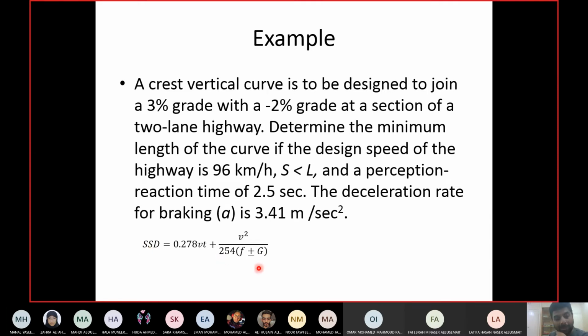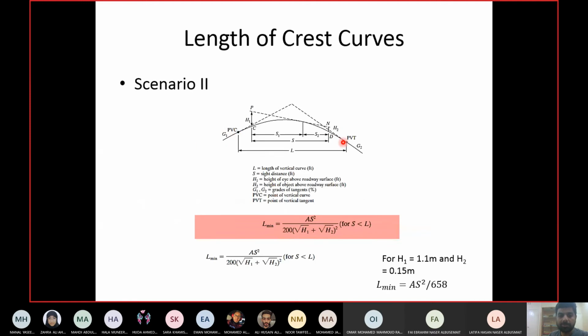But that will make your life easier, which I don't want. So I will complicate things for you. Now see, G1 is 3, G2 is minus 2. If I am coming from the left-hand side, the gradient for me will be plus 3 minus 2. Then I should take minus 2 because it gives the highest value of the stopping sight distance.